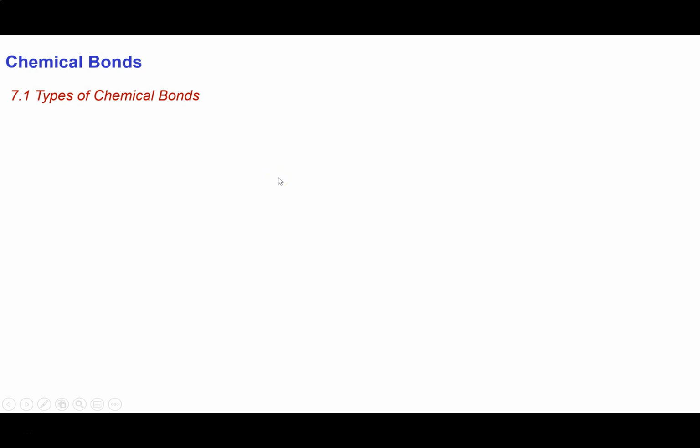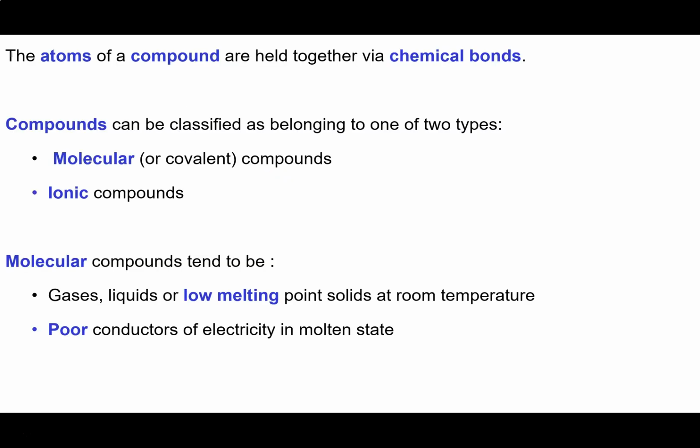So first of all, we're going to characterize the different types of chemical bonds that we find present in compounds and elements. The atoms of a compound are held together via chemical bonds, and compounds are generally classified according to the type of bonding that is present. So compounds can be classified as either molecular compounds, sometimes referred to as covalent compounds, or ionic compounds.